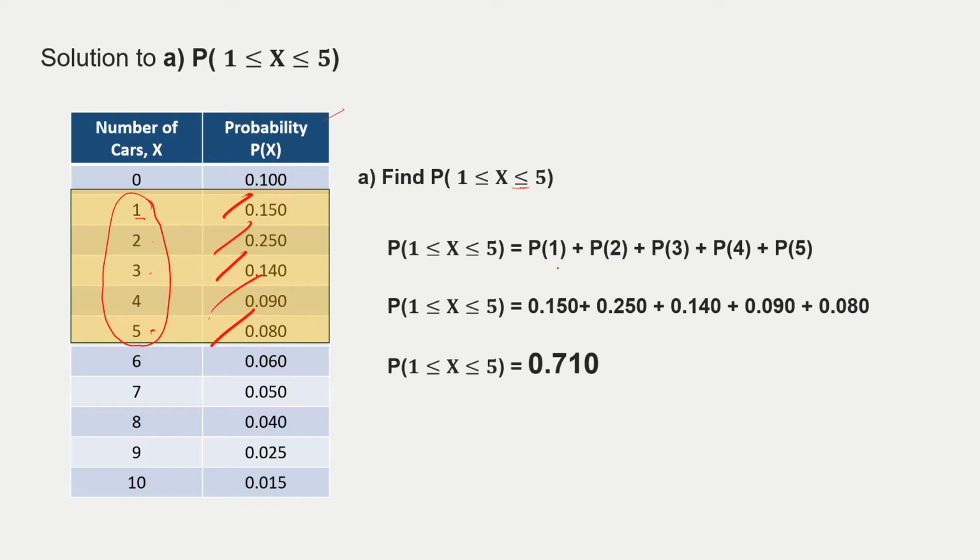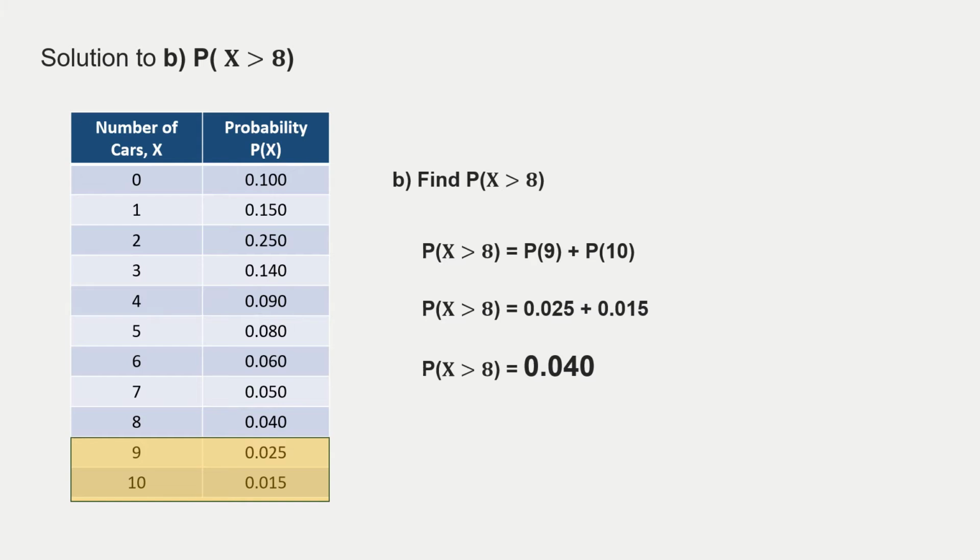Then we just need to get the sum of these probabilities to find the probability that any of these events will occur. If we add all these probabilities, we get 0.71 or 71%. Meaning there is a 71% chance that the car dealer would sell 1 car, 2 cars, 3 cars, 4, or 5 cars in a day.